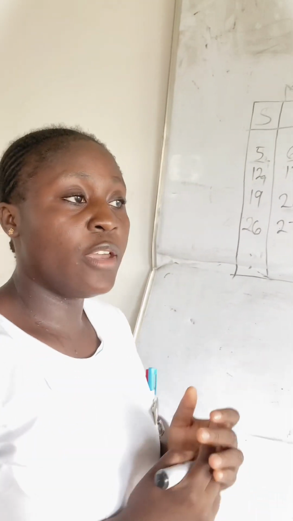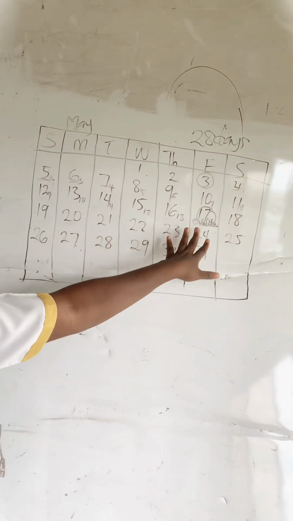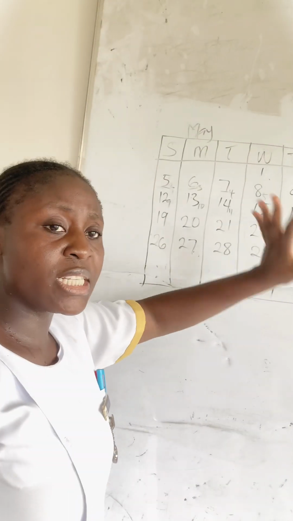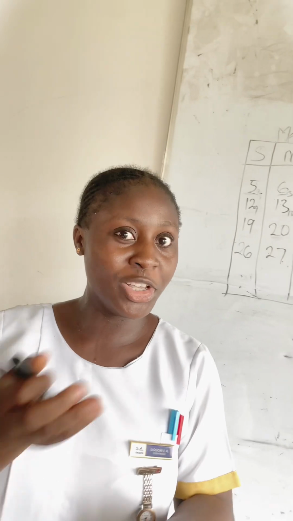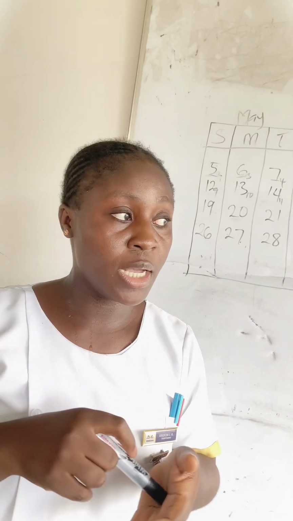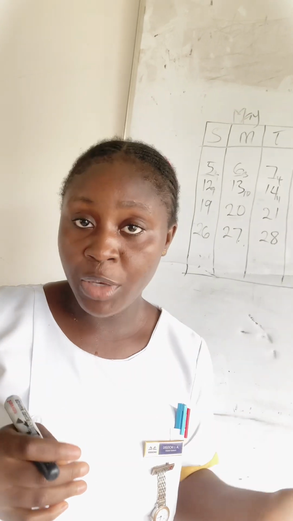Okay, so if the 17th is the day of her ovulation, how will she conceive a male child? Now, if you don't know it, the spermatozoa are either male or female.